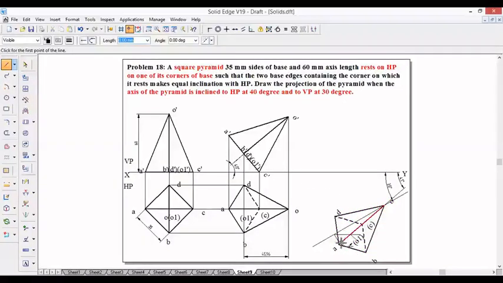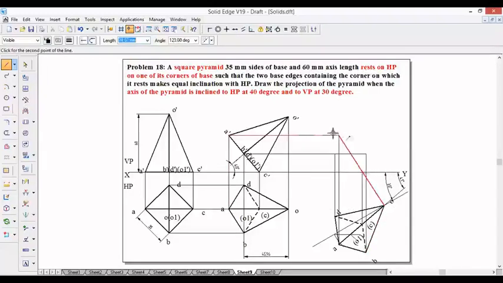Then projection of A and A dash, and projection of B and B dash. C will be till the XY line. D, back to O.